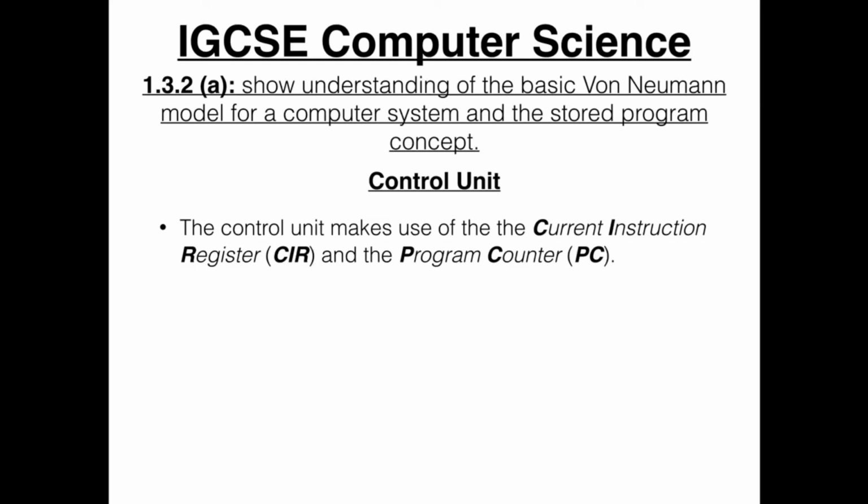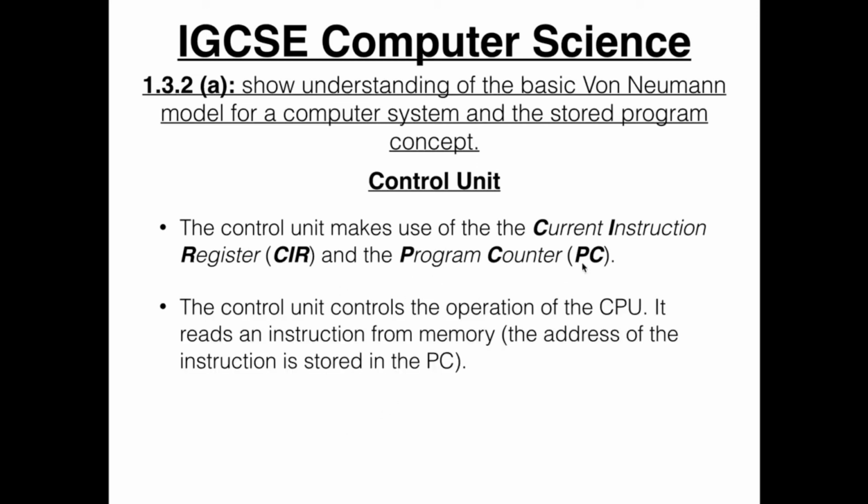The control unit is the last thing we have to look at in this video. The control unit makes use of the CIR and the PC. We looked at the MAR and MDR in quite a bit of detail, but we're going to look at the CIR and PC in the next video when we look at the fetch execute cycle.